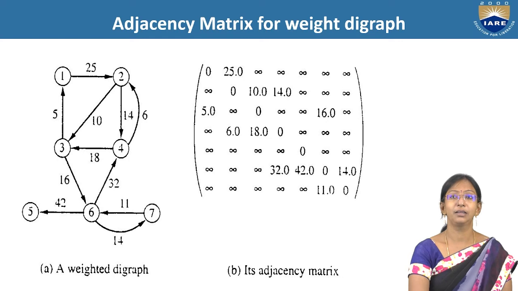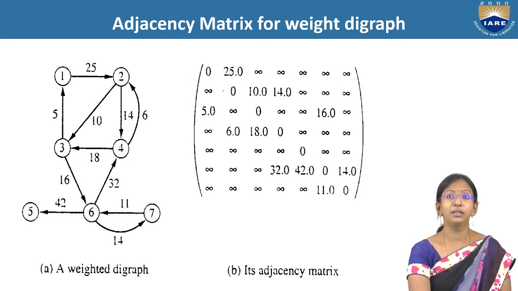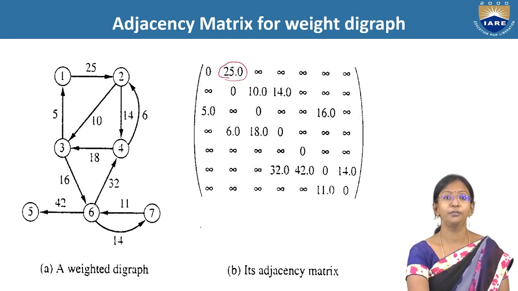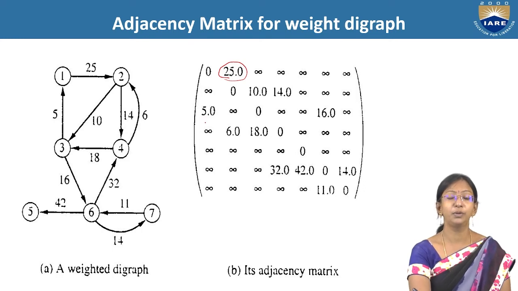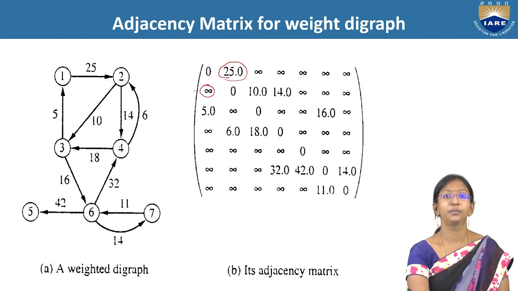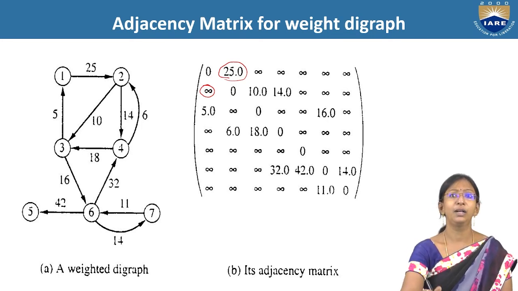Okay, let's talk about the filling. There is an edge between 1 and 2, which is bearing a weight 25. So I have filled that. But it is not saying that there is an edge between 2 and 1. So I have filled that cell with infinite. We may reach from 2 to 1, but right now there is no direct edge between them.